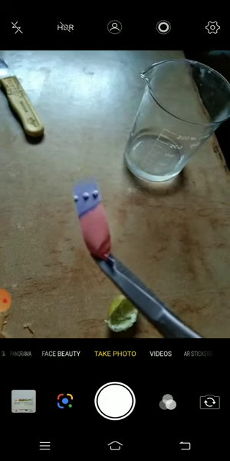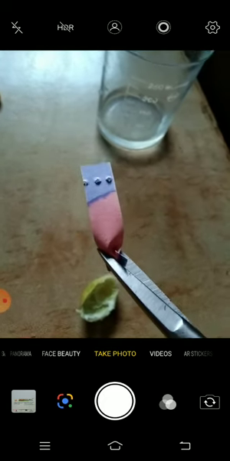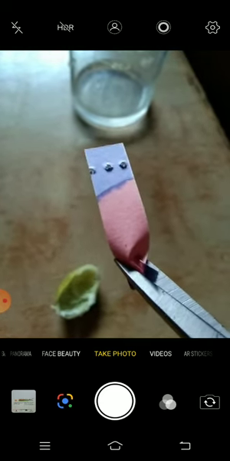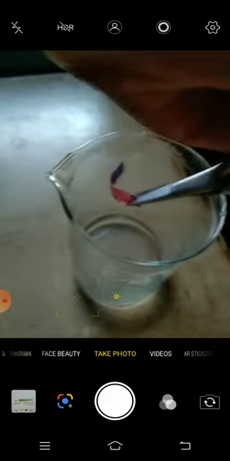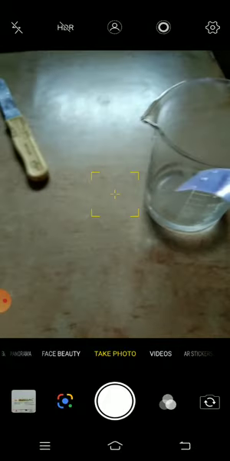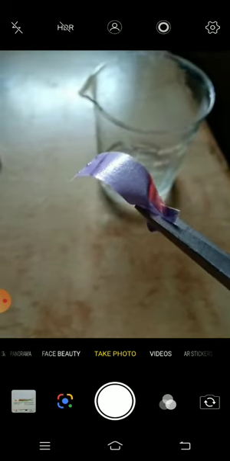Some part of it is blue because it touched the basic substance. Some part is red. As soon as I put it into the basic solution, its color changes into blue. So basic solution turns litmus paper blue.